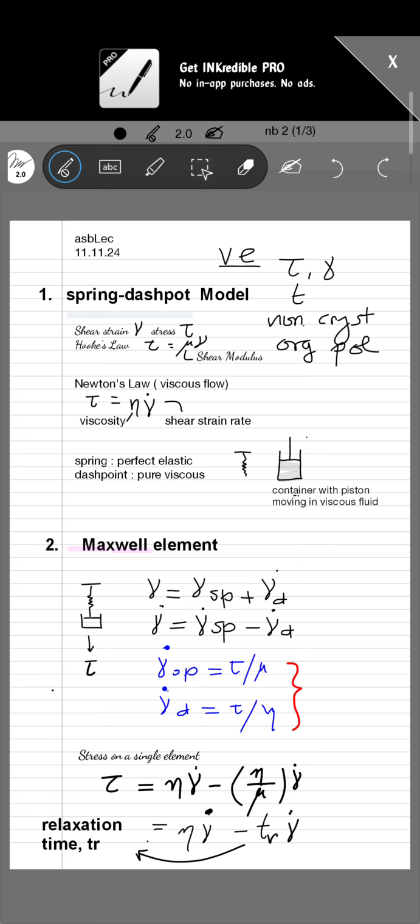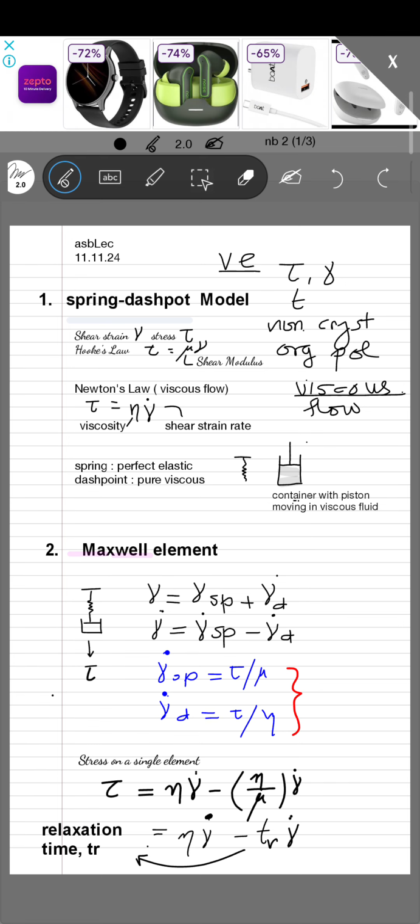Now, the time-dependent permanent deformation is called the viscous flow. It is the time-dependent permanent deformation.